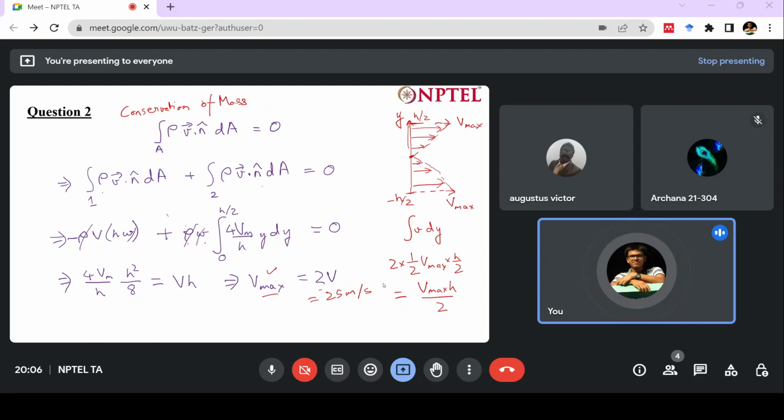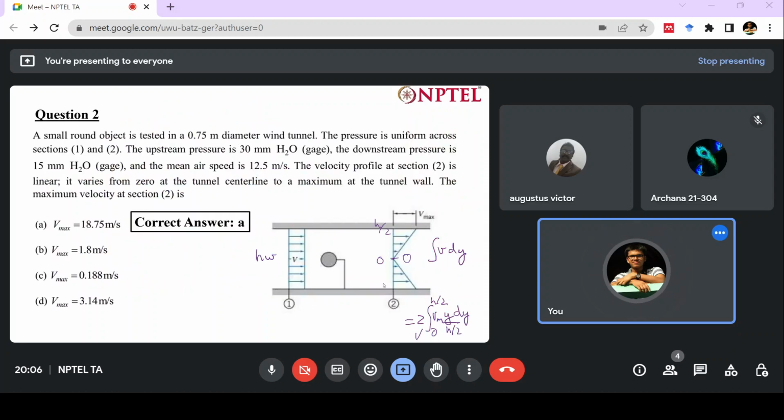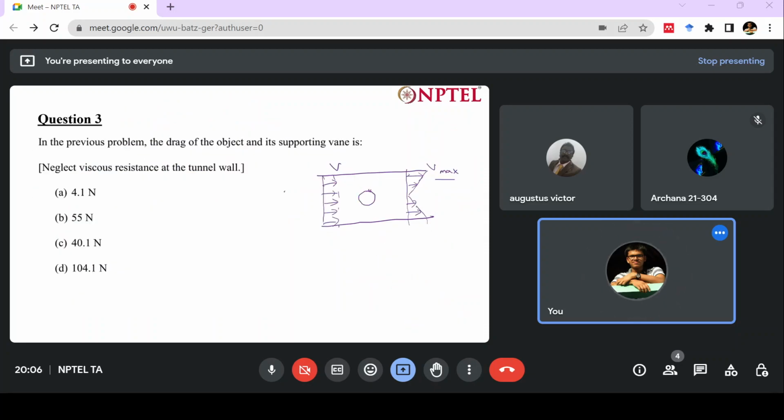Now, the next portion of this problem is to find out what force is acting on this ball. There, I have to use the conservation of momentum. Because what is happening to this fluid? In this fluid box, there will be a pressure acting here. This is P1.